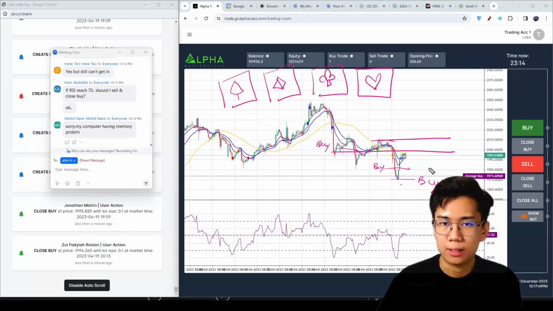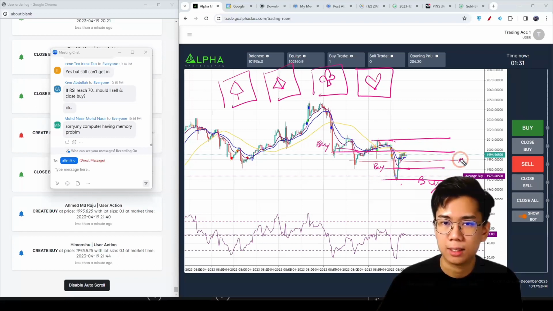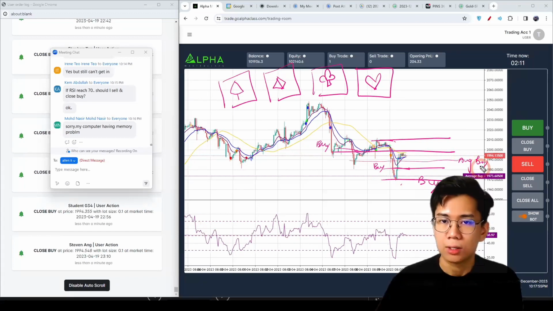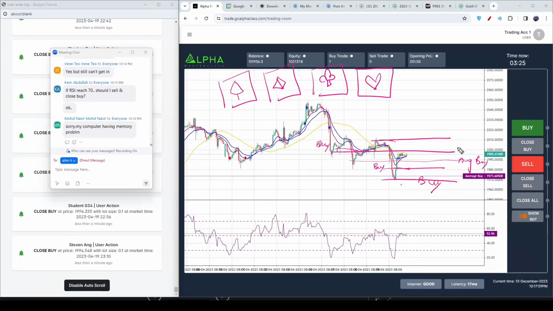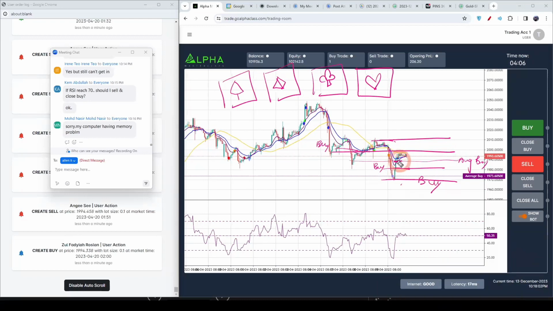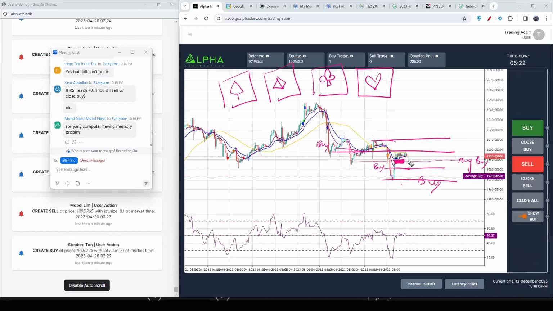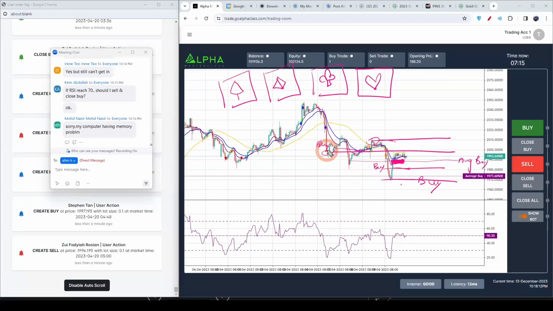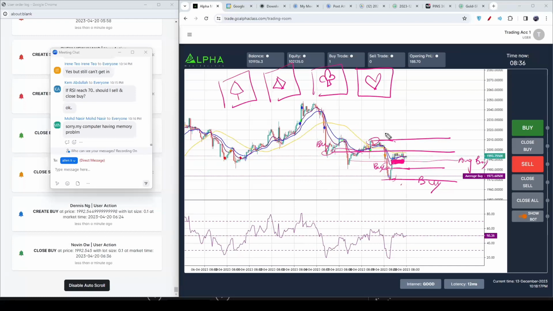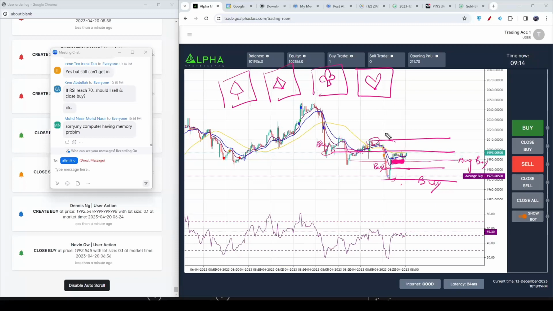Hence, it ends up with my average entry here, compared to people who are super talented and enter straight at the bottom. That is for super talented, gifted traders, but the majority of us are not. So you just enter anywhere else, and distribute your trades as much as possible.